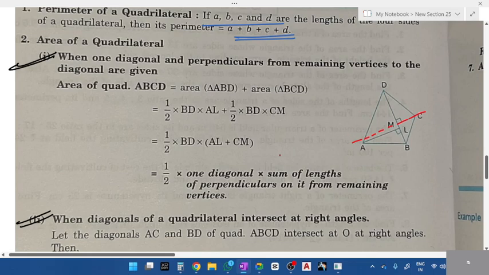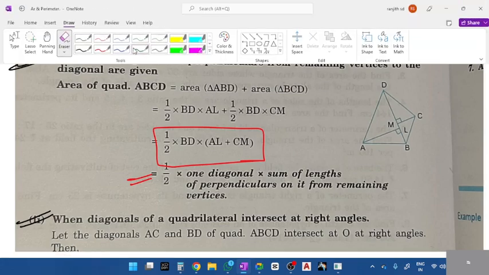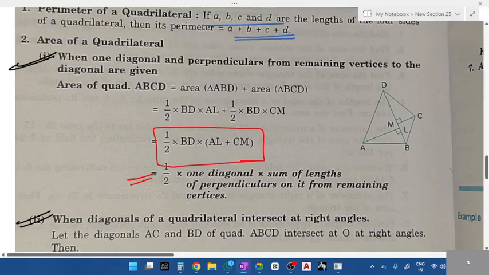So what's the formula for this type of diagram? Read the formula here. Half into, see, this one is easy. Which diagonal is straight here? BD. So that diagonal, the formula is half into whichever diagonal is straight, BD, into what's the other diagonal which is not straight?